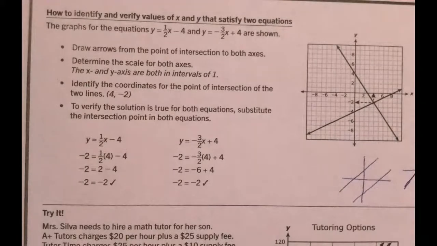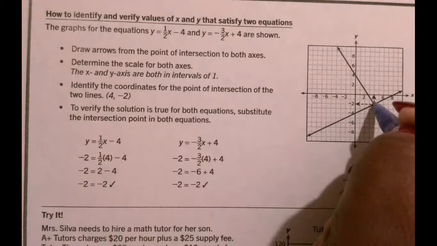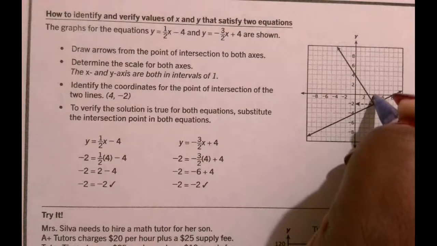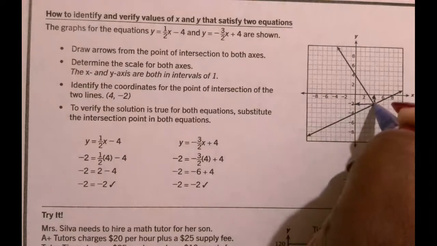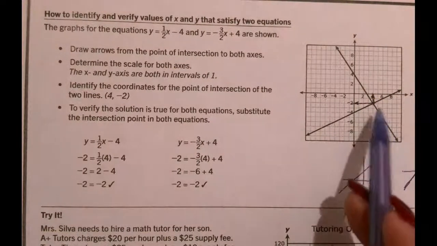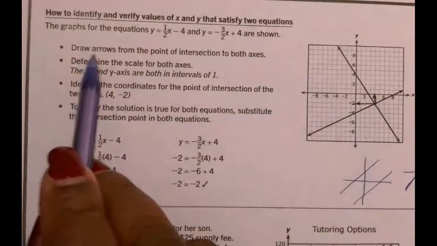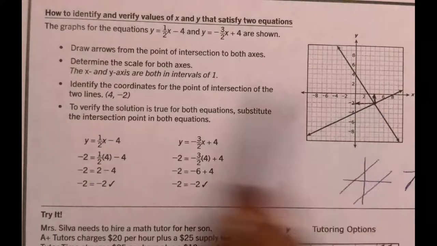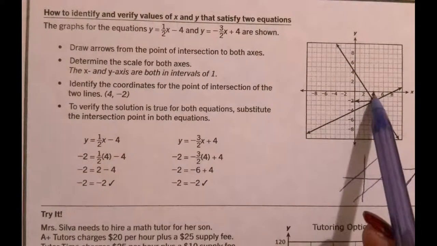So the way to identify what that solution is, we would draw a line from the intersecting point to the x-axis and to the y-axis. So I have two lines drawn connecting me to that point. Then I need to determine the scale, what this point represents.